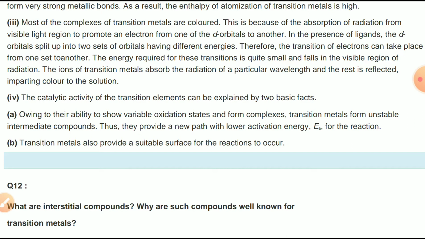Therefore, the transition of electrons can take place from one set to another. The energy required for this transition is quite small and falls in the visible region of the radiation. The ions of the transition metal absorb the radiation of particular wavelength and the rest is reflected, imparting the color to the solution.